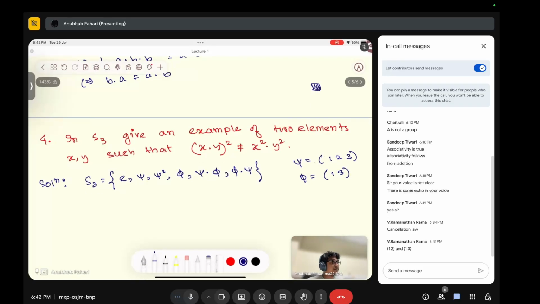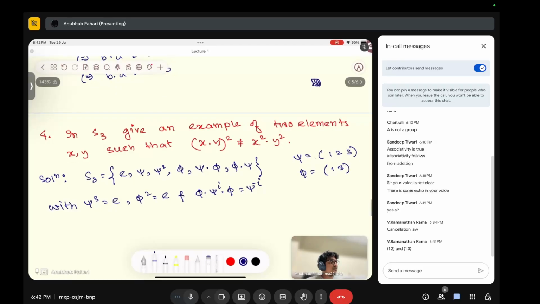So yeah, with psi cube equals to E, phi square equals to E, and phi dot psi dot phi equals to psi inverse.